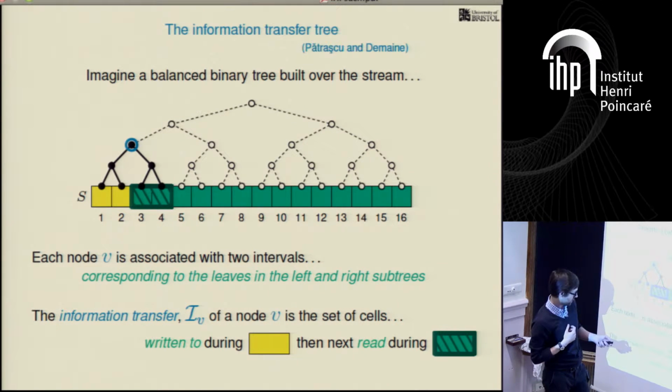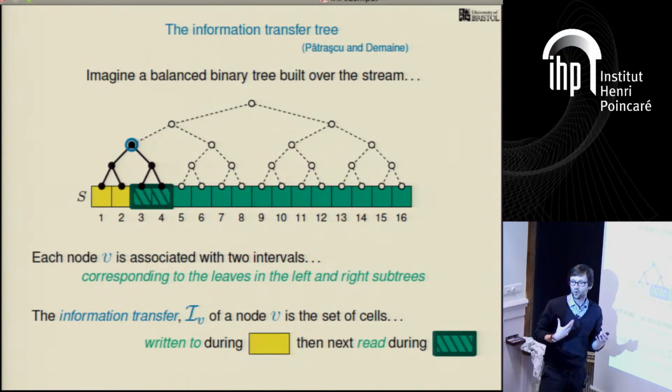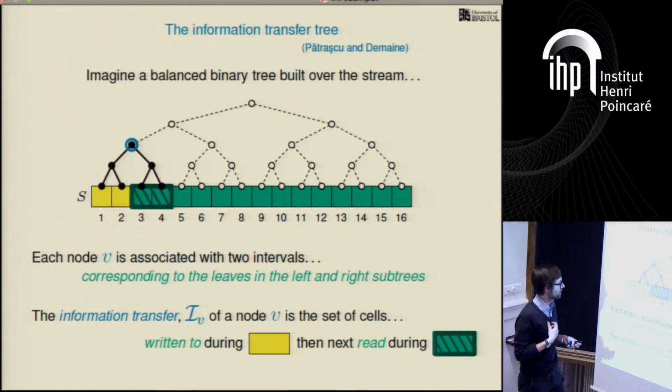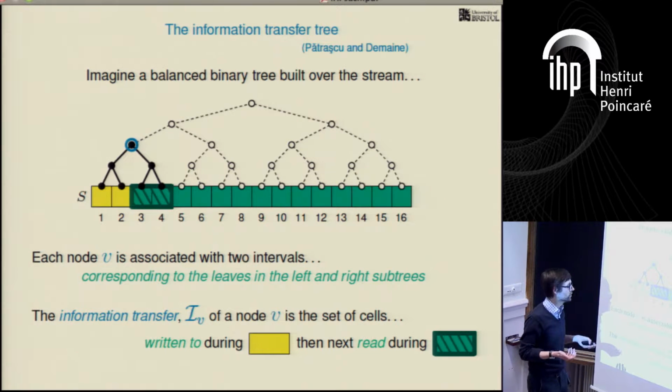So if I tell you that the information transfer of this node is 46, then what I'm telling you is I found 46 probes that the algorithm performs. So I'm telling you that there are at least 46 probes that occurred in here that read stuff that was in here. So if I can tell you the information transfer is large, I can tell you that the number of probes done is large, which is what we're aiming for.